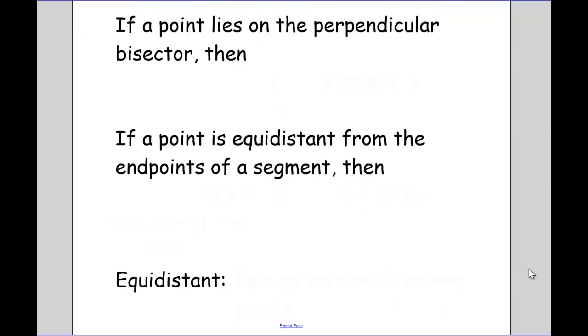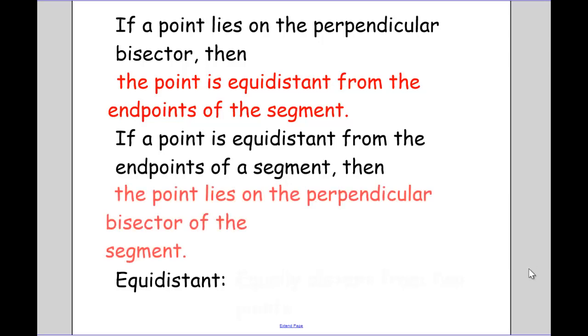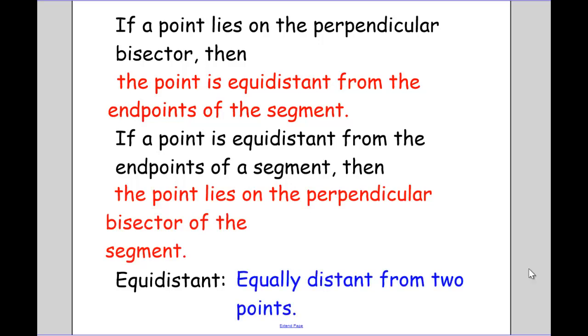Okay, if a point lies on the perpendicular bisector, the point is equidistant from the endpoints of the segment. If a point is equidistant from the endpoints of the segment, then the point lies on the perpendicular bisector. And equidistant means equally distant from the two points.